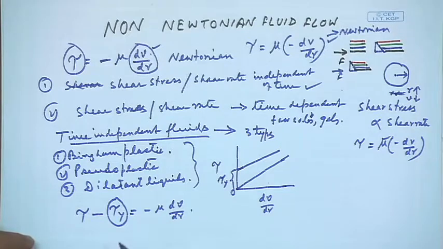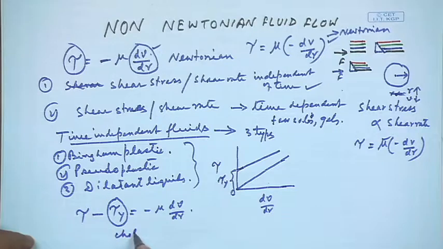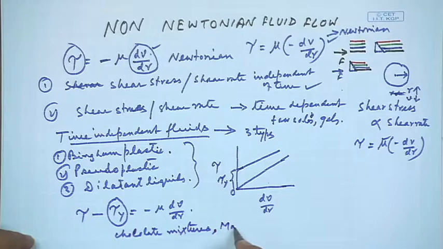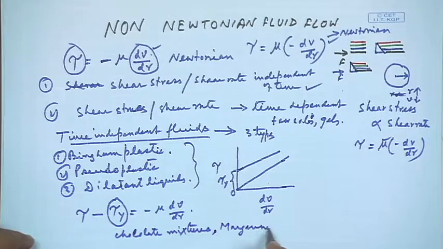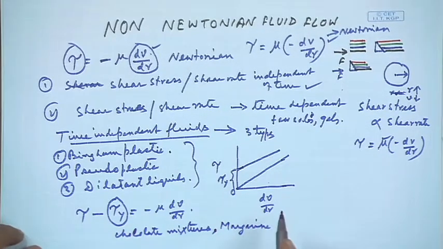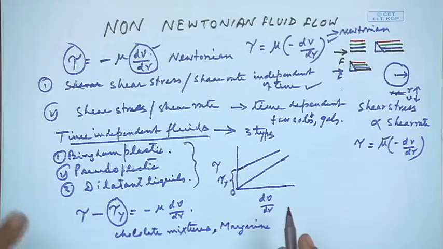Examples are chocolate mixtures, or margarine. Margarine is similar to butter, a substitute for butter in many cases.